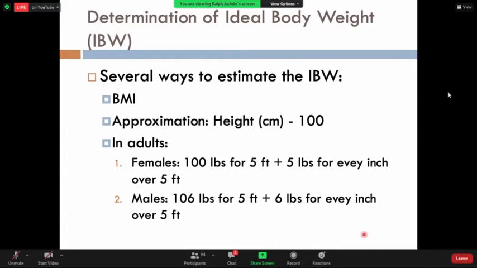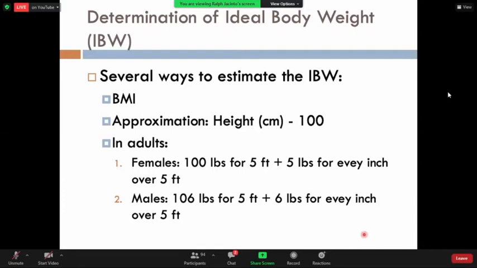Yes. BMI is body mass index, so it's weight divided by height squared in meters. So you just get the normal BMI and then multiply it by the height squared of the individual, and then you'll get the ideal body weight.